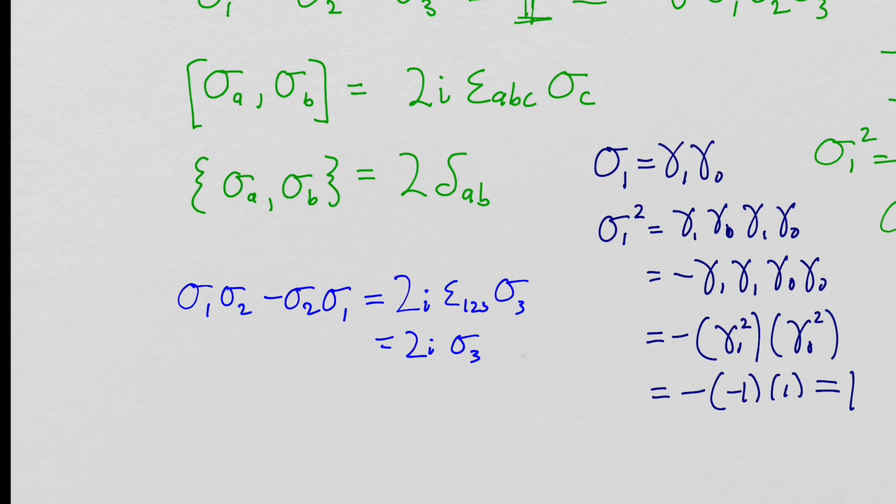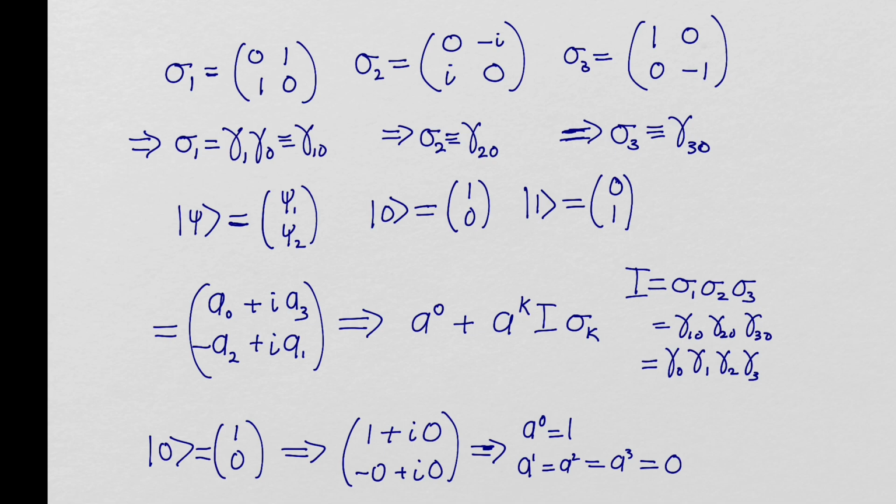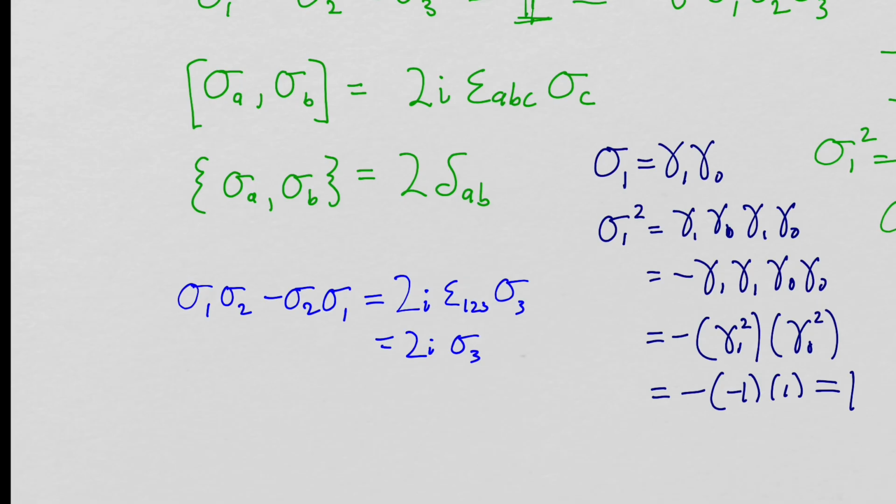So this is what's true for the Pauli algebra, the algebra of the Pauli matrices. If we were going to translate this to geometric algebra, what would we get? Well, sigma 1, sigma 2 minus sigma 2, sigma 1. Well, that's easy, right? Because we can rewrite that.